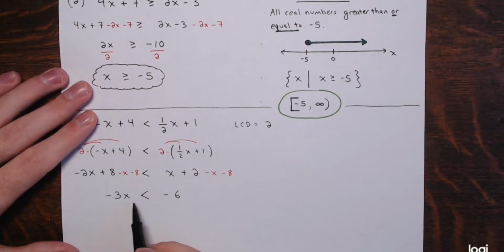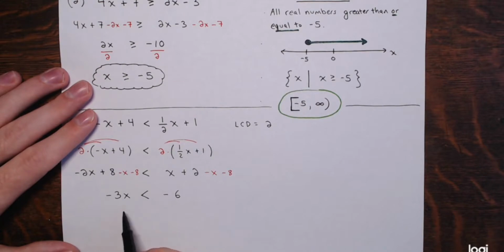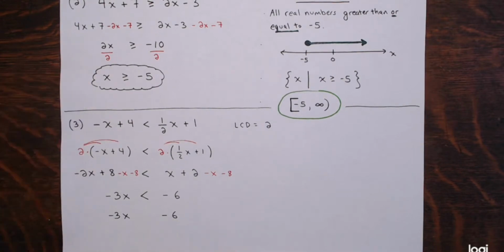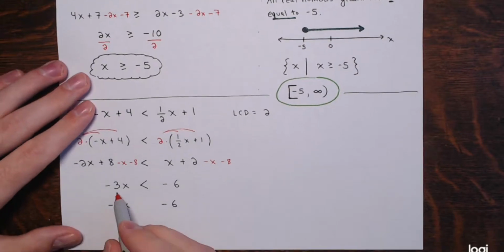And you know what? I'll rewrite this because I'm going to be flipping the symbol here in a second. So there's -3, -6, and then what I'm going to be doing next, to get the variable alone, is dividing both sides by negative 3.